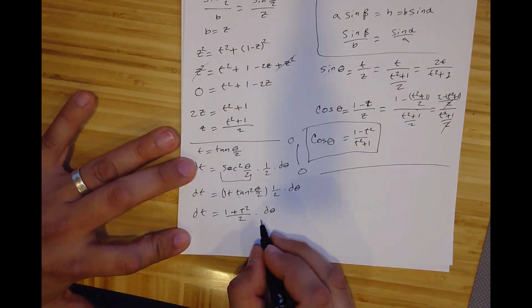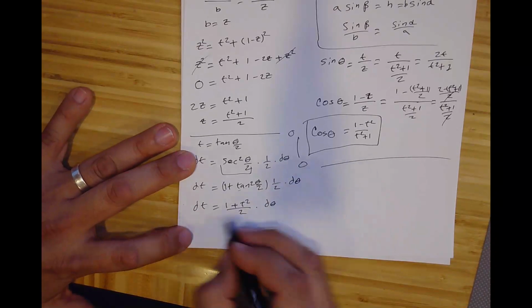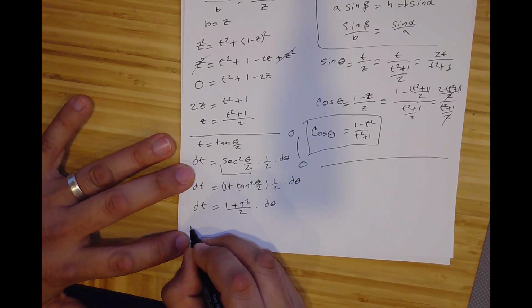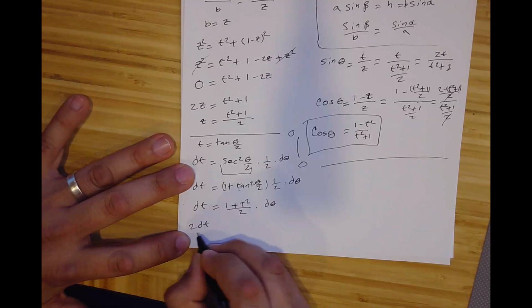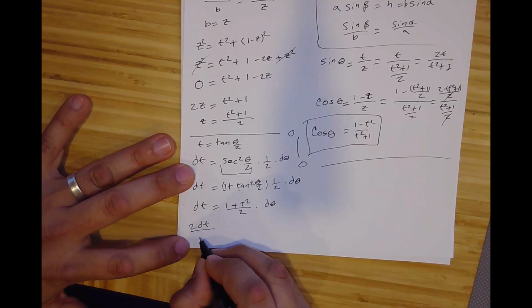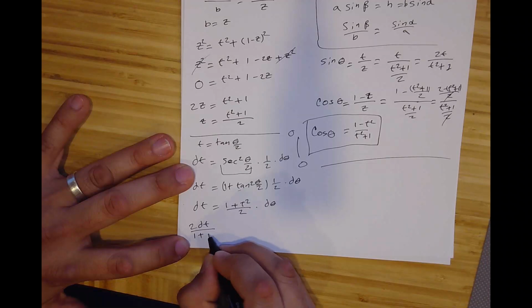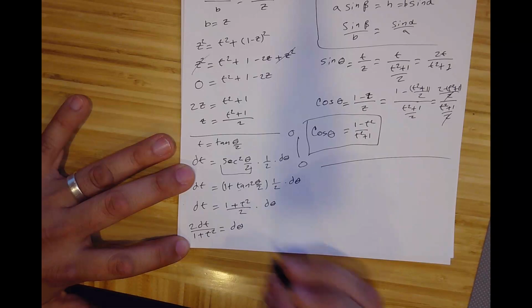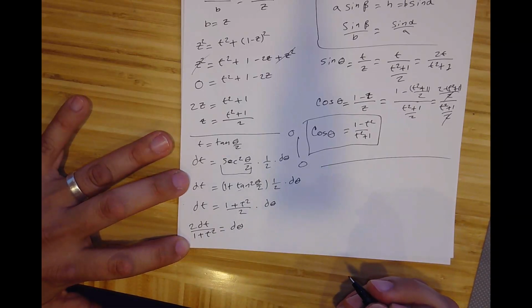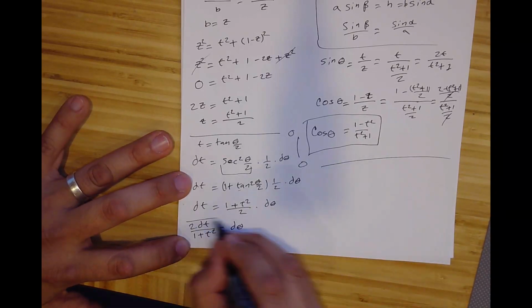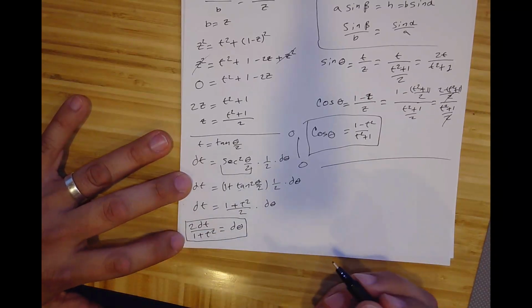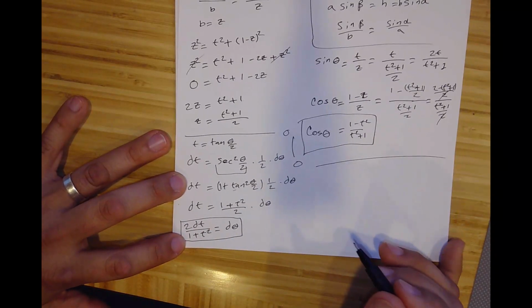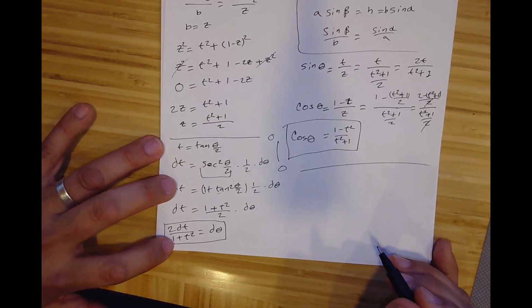And if we move this to the other side, we will have 2 dt over 1 plus t squared is equal to d theta. And that is the expression that we are going to use to do the trigonometric substitution of the half angle, the tangent half angle.